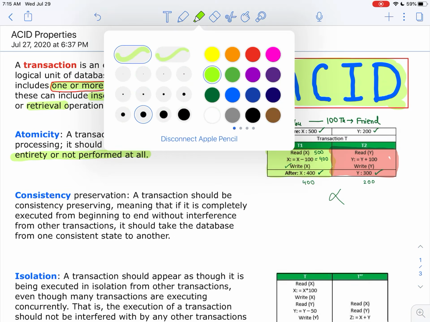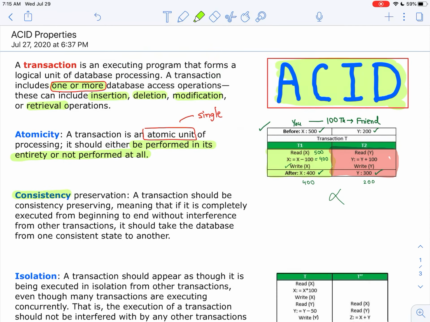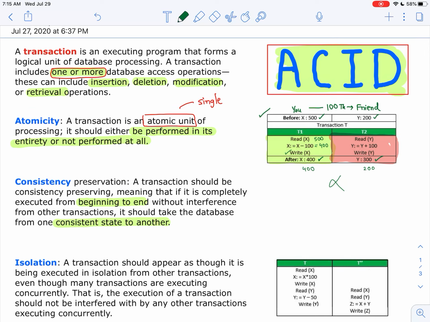Okay, now let's take a look at consistency preservation. This is the C in ACID properties. It states that a transaction should be consistency preserving, meaning that if it is completely executed from beginning to end without interference from other transactions, it should take the database from one consistent state to another. Consistency has to do with constraints such as integrity constraints.